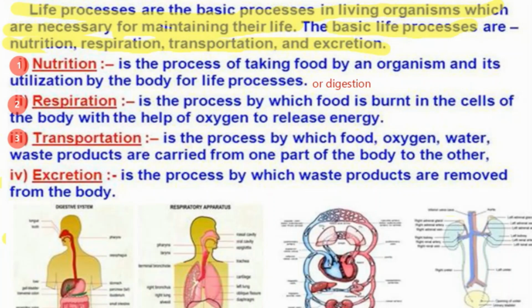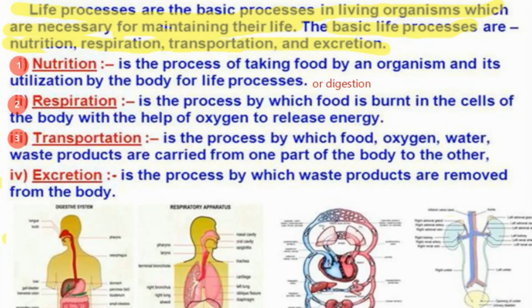Now, since the food and oxygen are not taken up directly, they have to be transported from one place to another inside the body, which means a circulatory system is also required. So three processes.